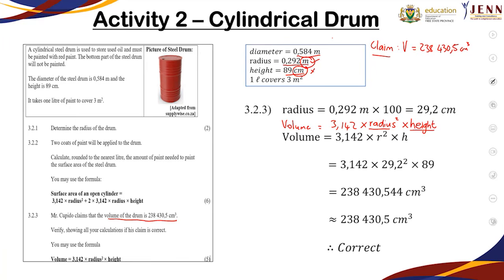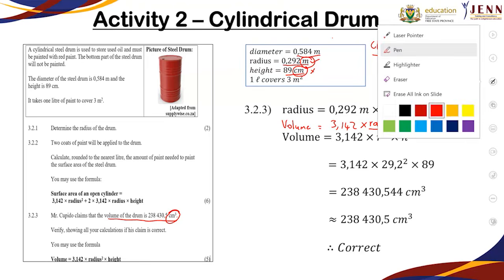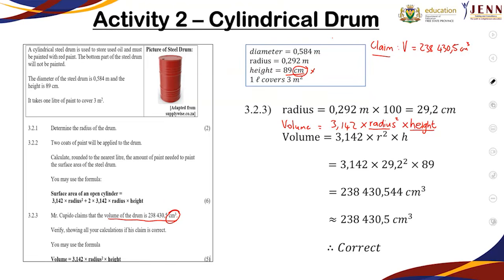How do I know which one to convert? You go back to your question. It says the volume of the drum is 238,430.5 centimeter cube. That is your clue, centimeter. So when I use that formula, everything is supposed to be in centimeter.